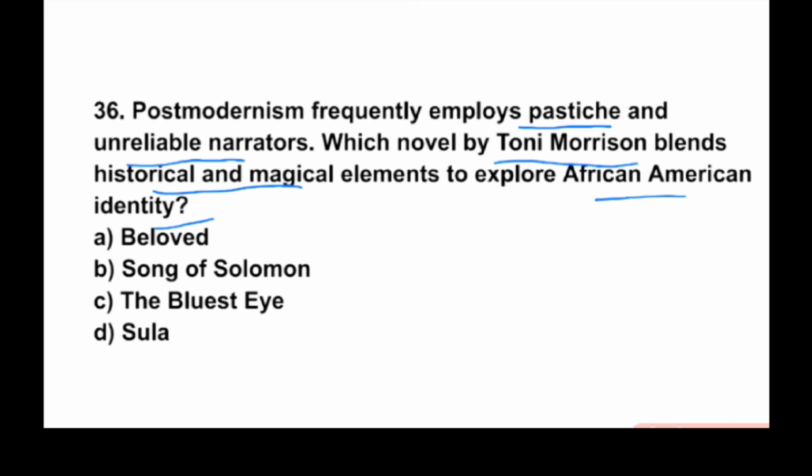Obviously, Beloved. क्वेश्चन देख के कि पढ़ा से आंसर तो जग जाहिर. 1987, Beloved, 1987, uses magical realism and fragmented narratives, aligning with postmodernism and contributing to the African American literary canon. Next question.